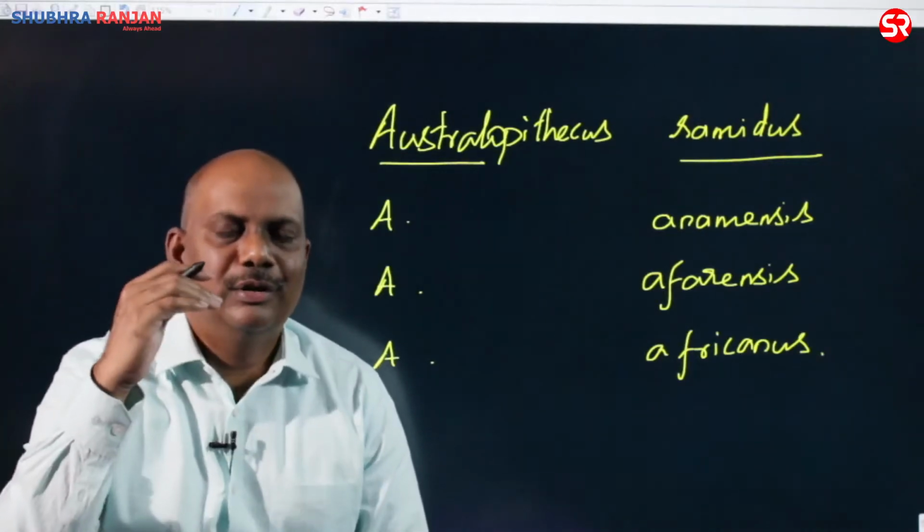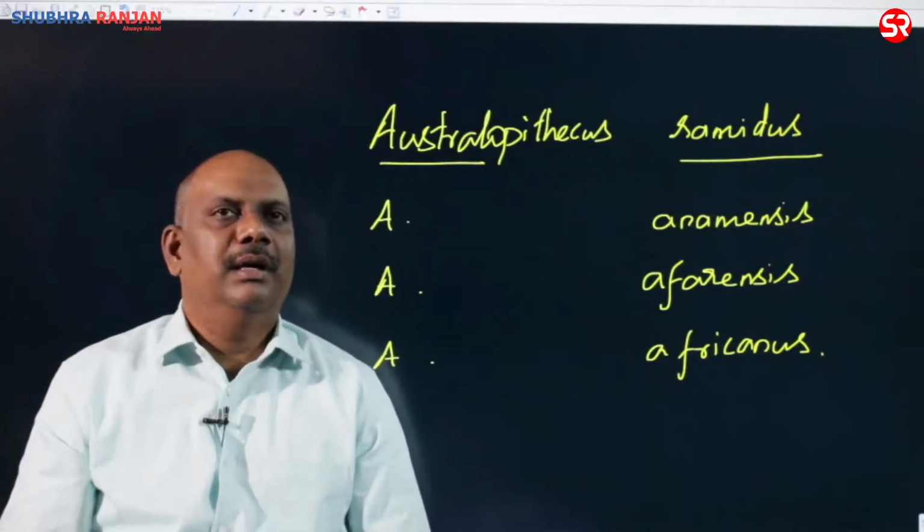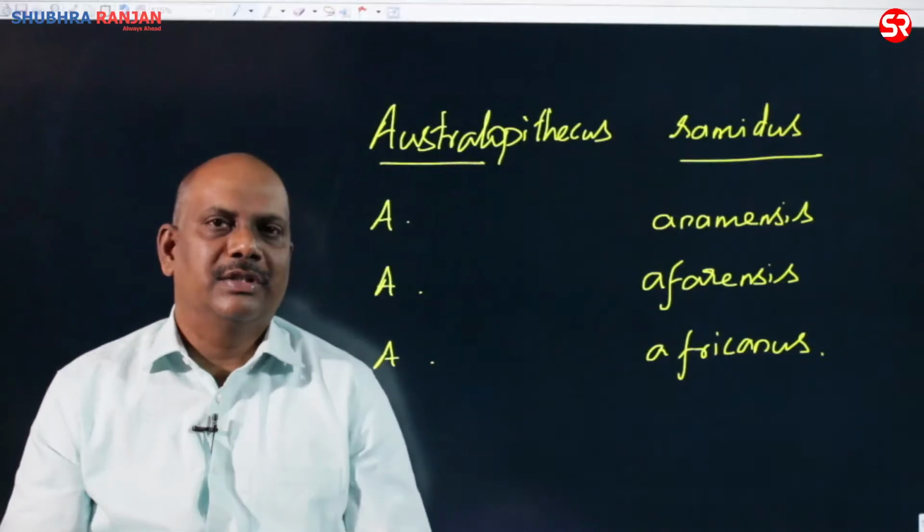This is according to the chronology, Ramidus being the oldest and Africanus being the latest.